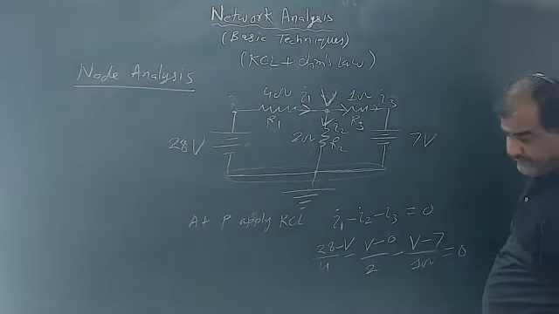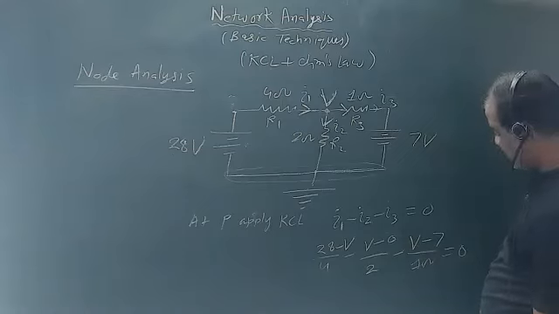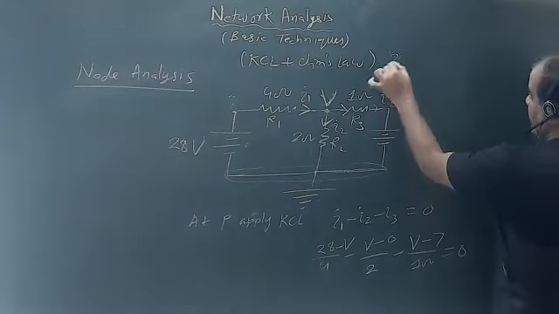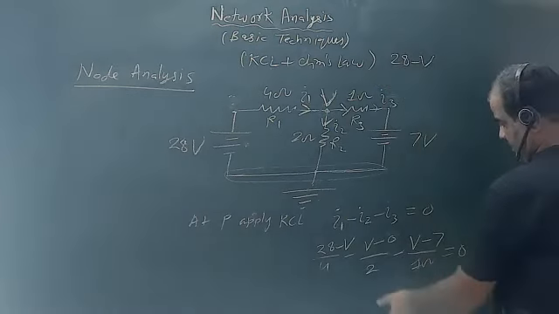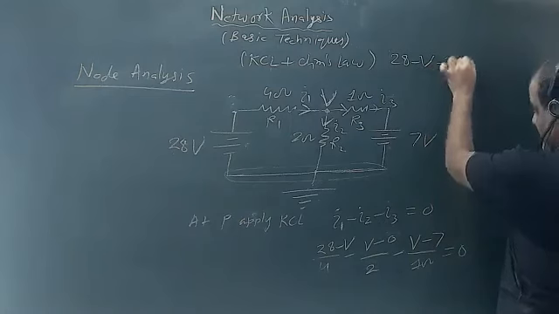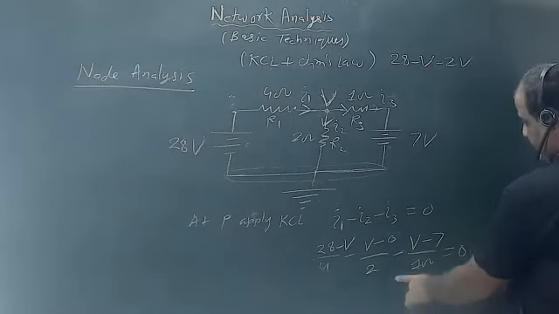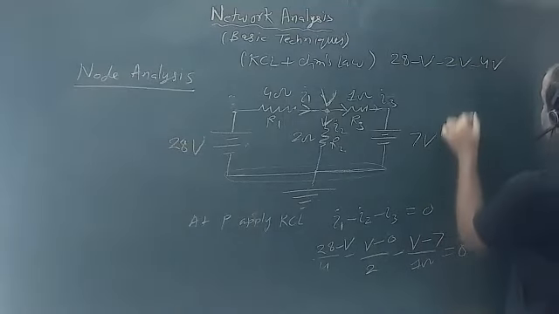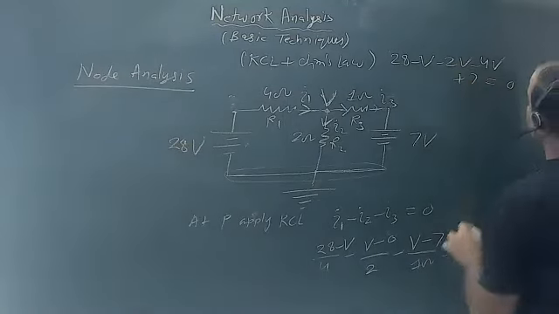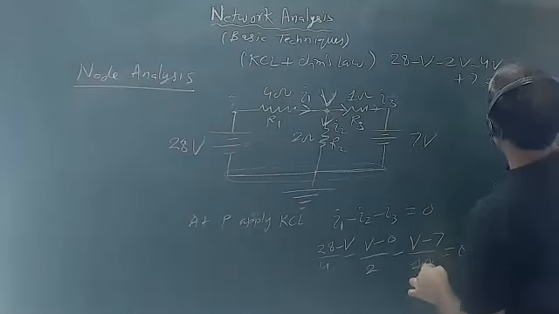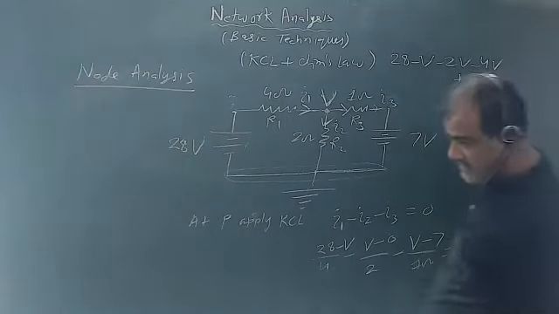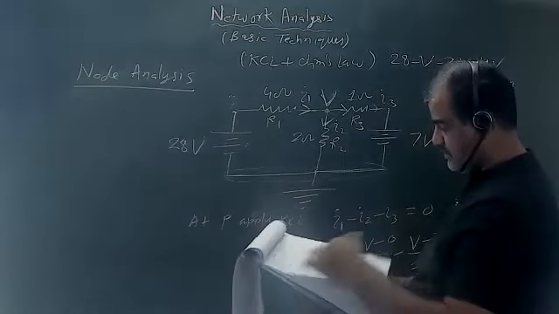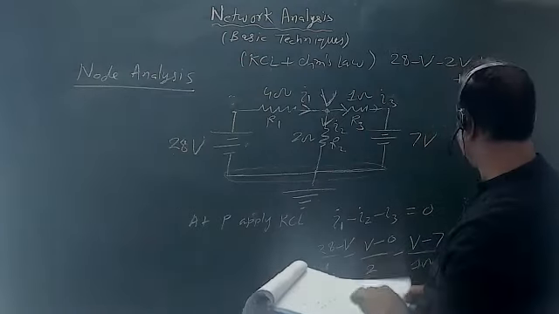I don't think it is 6, check once properly. Multiplying by 4, so 28 minus V, this will be minus 2V, and this will be 4 minus 4V, plus 7 equals 0. Check how much you get. The 7 also has to be multiplied. I am making mistakes somewhere. The 7 will be multiplied by 4.